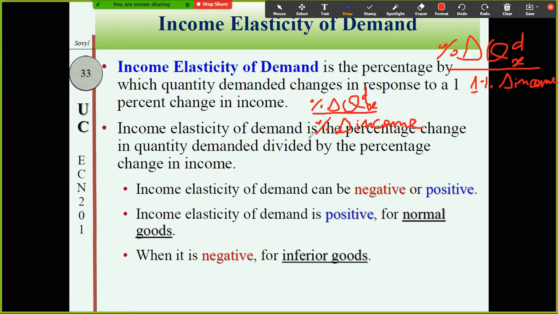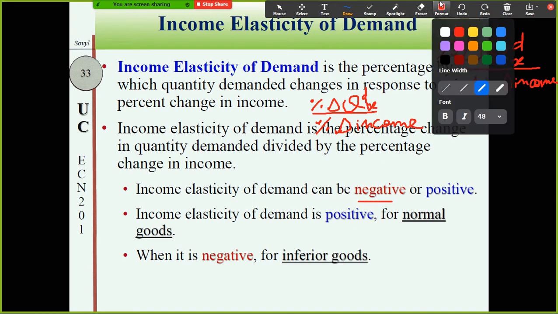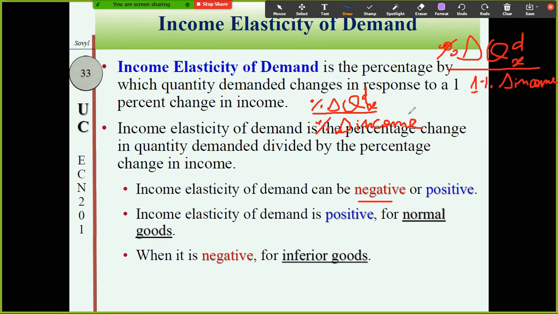Income elasticity of demand is percentage change in quantity demanded divided by percentage change in income. Yeah, this one. Income elasticity of demand can be negative sign, can be positive sign.